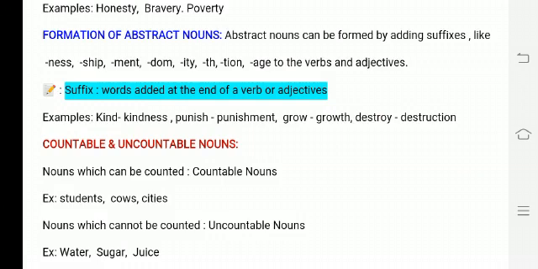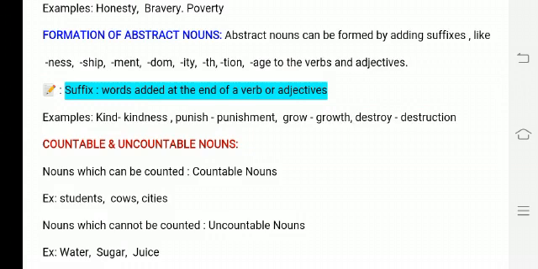For example, if you add NESS to the word kind, it becomes the abstract noun kindness. In the same way, punish, punishment; grow, growth; destroy, destruction, etc. are some examples of abstract nouns.